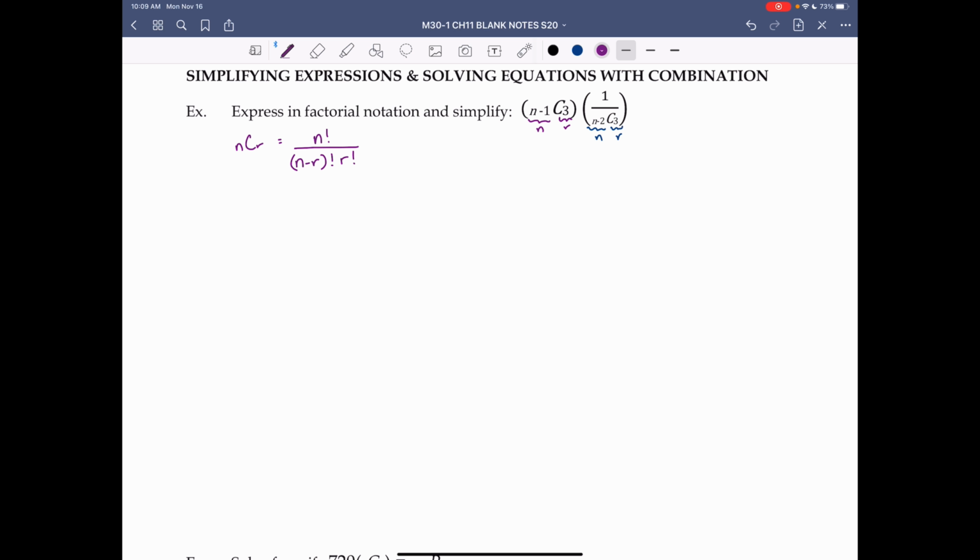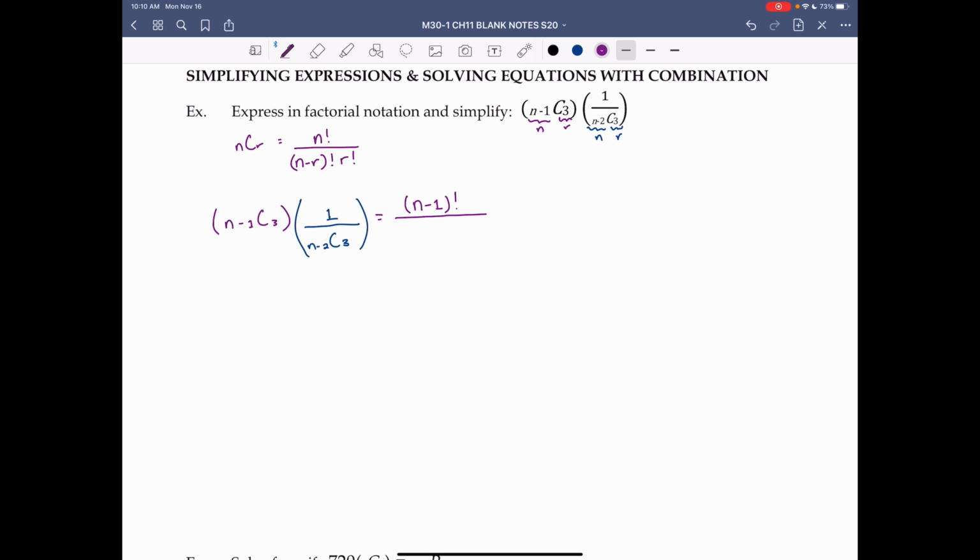Let's plug these values into the formula. We get n minus 1 C3 times 1 over n minus 2 C3 equals the first set of brackets plugged into the combination formula. The n value is n minus 1 in this case, so n minus 1 in brackets factorial.